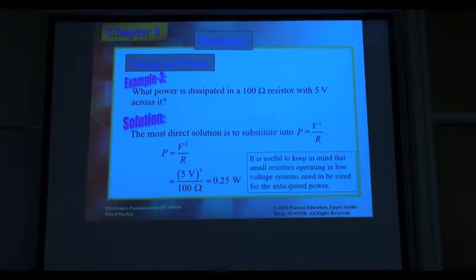It is useful to keep in mind that small resistors operating at a low voltage system need to be sized for the anticipated power. What does that mean? See, the voltage is very small, 5 volt. 5 volt is just like a battery. The USB voltage equals 5.